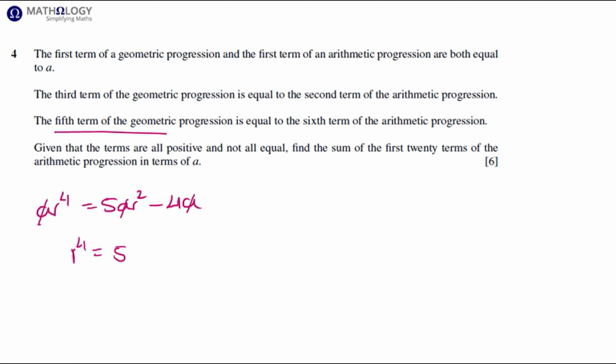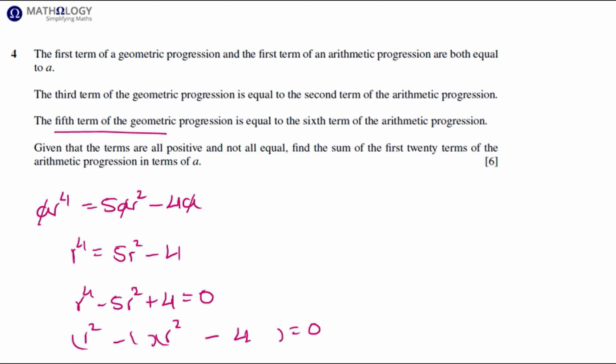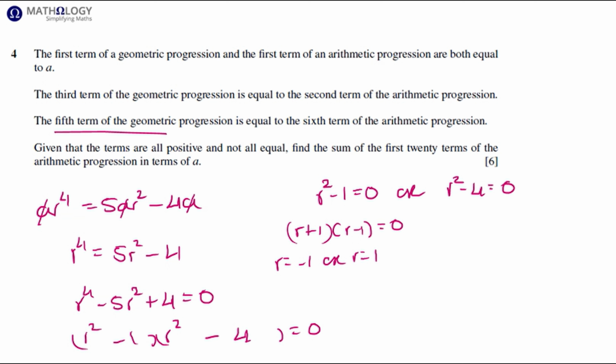So r to the 4 equals 5r squared minus 4, so r to the 4 minus 5r squared plus 4 equals 0. (r squared minus 1)(r squared minus 4) equals 0, so r squared minus 1 equals 0, or r squared minus 4 equals 0, and then we can factorize using difference of squares. r equals negative 1, or r equals 1, and then (r plus 2)(r minus 2) equals 0, r equals minus 2, or r equals 2.